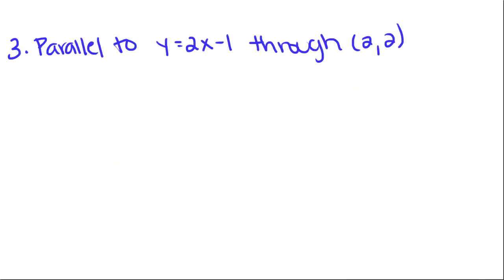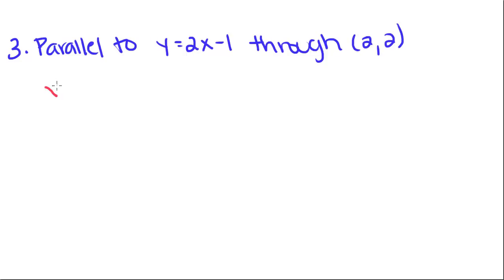So now we need to write an equation for a line parallel to the line y equals 2x minus 1 through the point (2, 2). So if you remember, parallel lines have equal slopes.